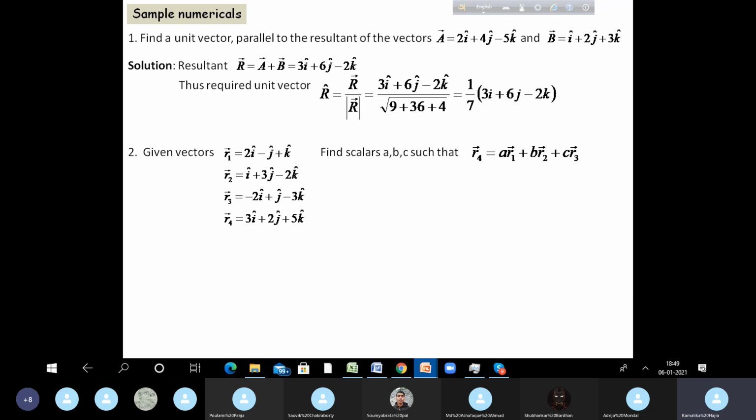So try it first, and if someone is able to write R4 as a linear combination of R1, R2 and R3, you can unmute and tell me the result that you have got. Yes, has anyone solved already?